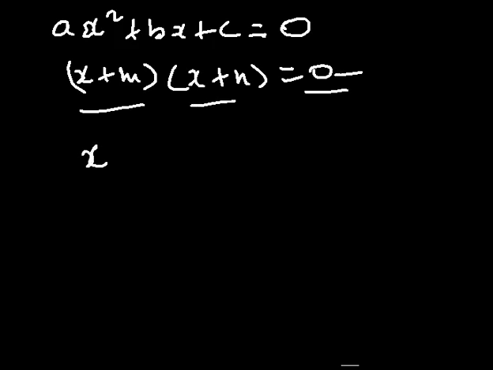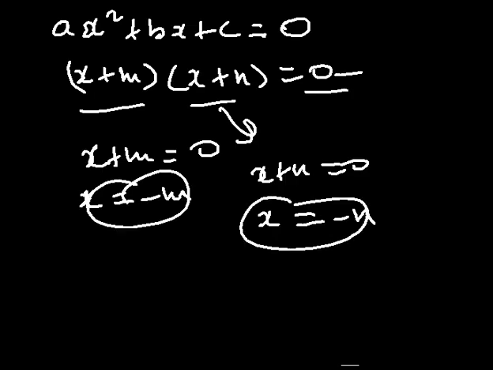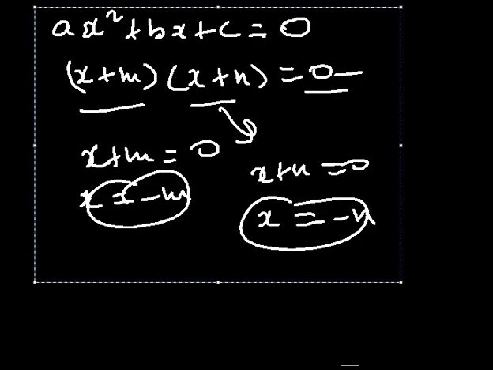Therefore, we have x plus m is equal to 0, and what is x? We'll have it as negative m. And also using the same principle here, we have x plus n is equal to 0, and x is given as negative n. In all cases, the quadratic equation gives two solutions, and those solutions are said to be the roots.